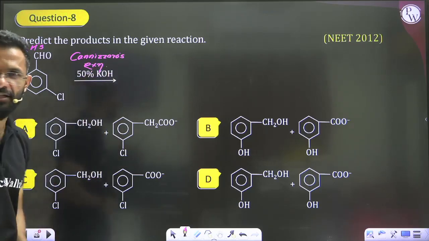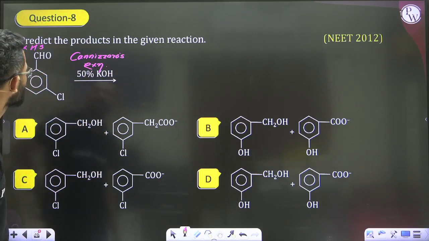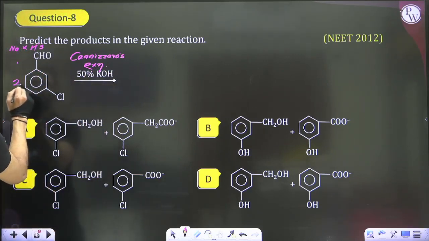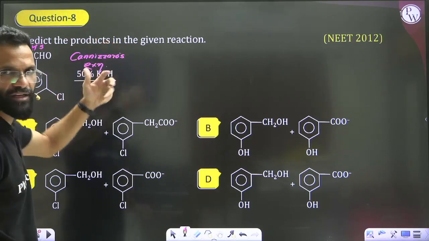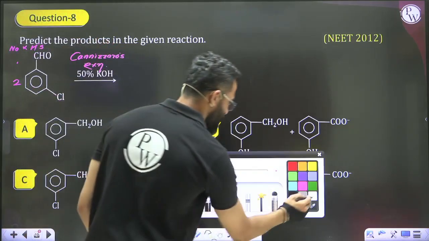Cannizzaro reaction is a disproportionation reaction, which means two molecules of metachlorobenzaldehyde will undergo redox reaction.